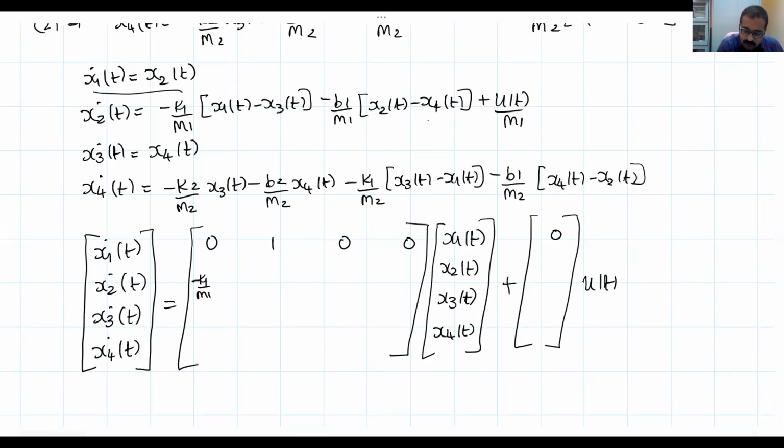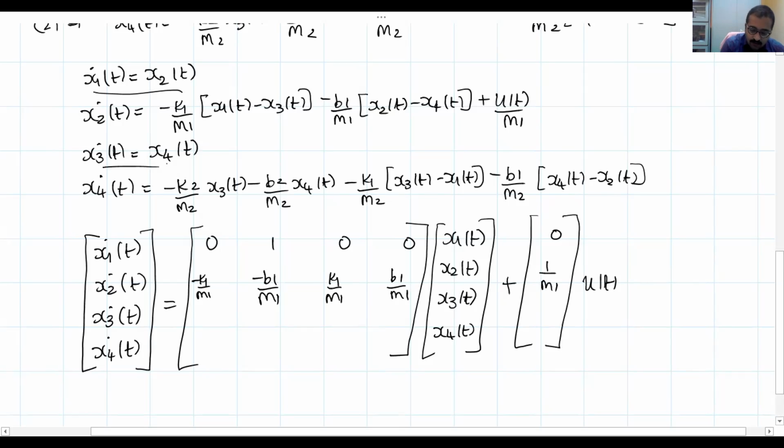And the x2 term corresponds to minus b1 by m1. The x3 term is k1 by m1, and the x4 term is b1 by m1. Plus 1 by m1 into u. So I have 1 by m1.